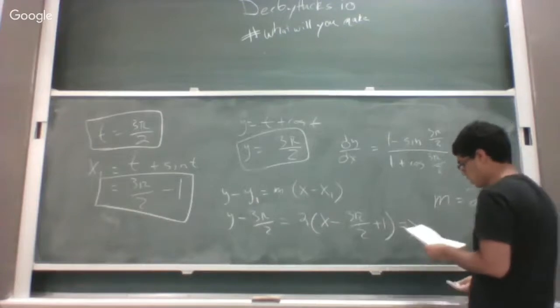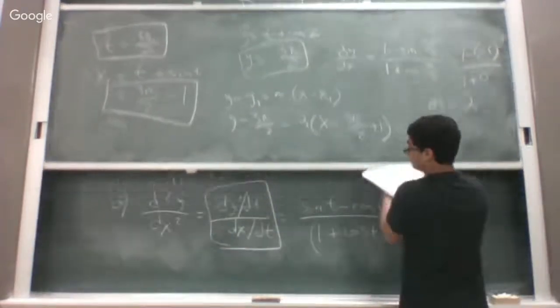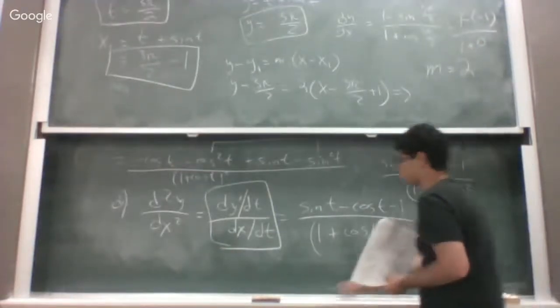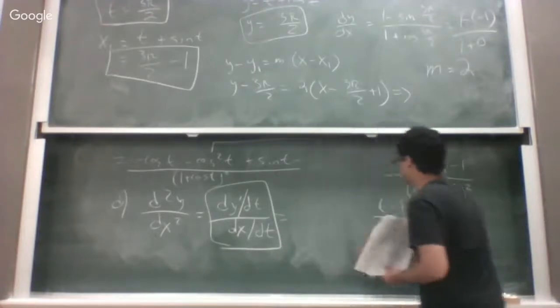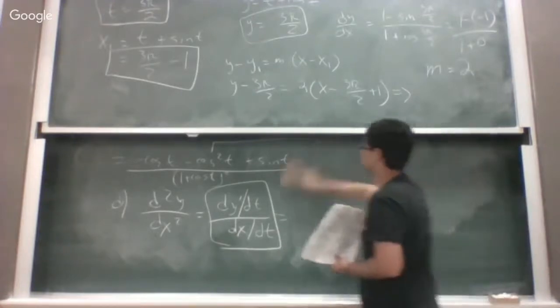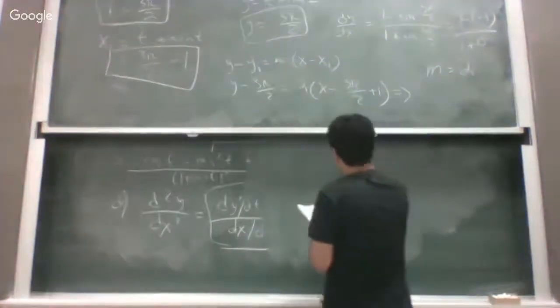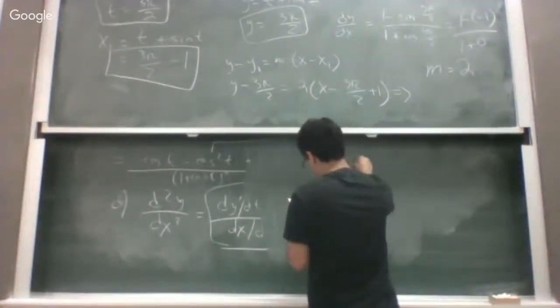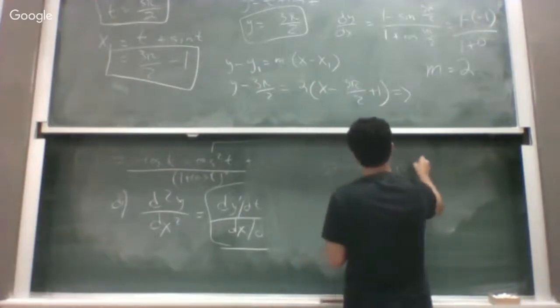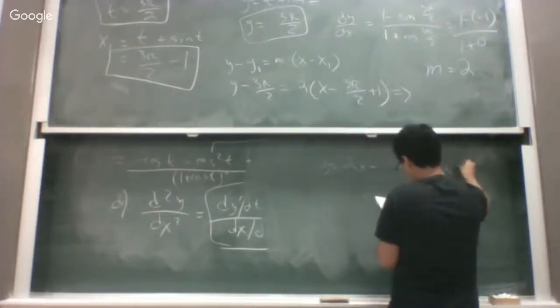Therefore, you end up with y is equal to 2x minus 3 pi plus 2 plus 3 pi over 2.